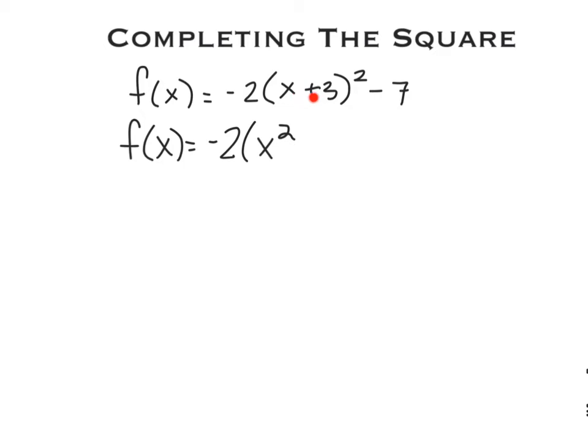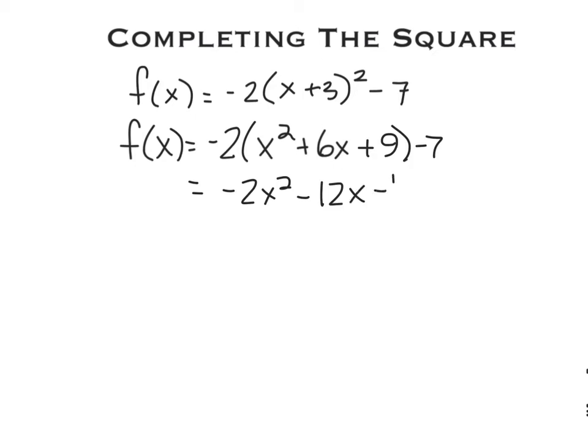I'm going to multiply and double, and I'm going to square the last. I'm going to distribute that -2x squared, and I'm going to combine like terms.